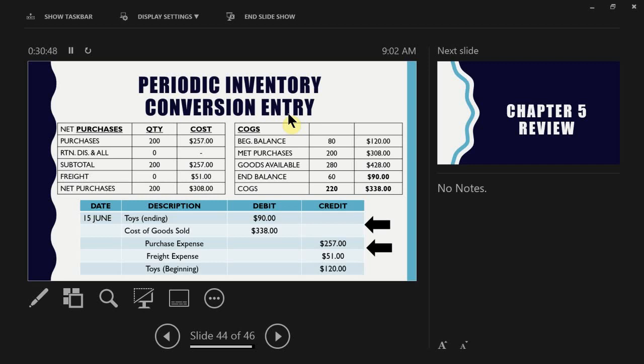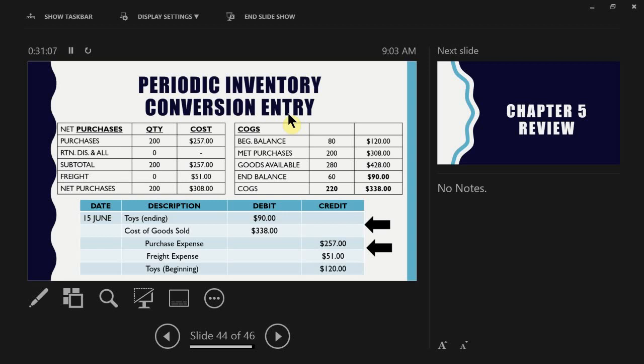So again, we're looking at the goods available to sell, okay? So in this case, if you understand it this way, why is it that I'm dumping all of my beginning inventory when my beginning inventory is actually going to be my ending inventory?